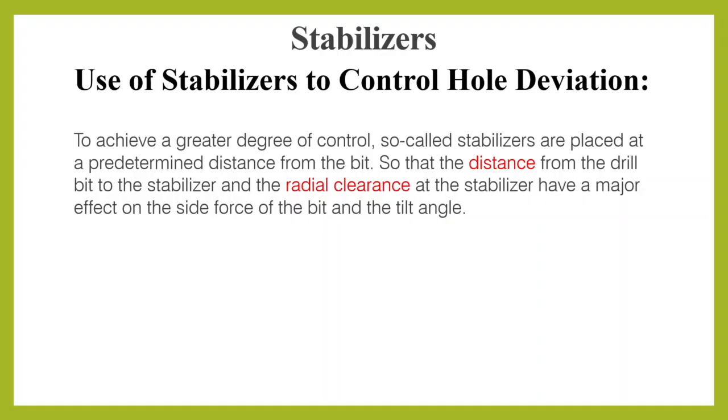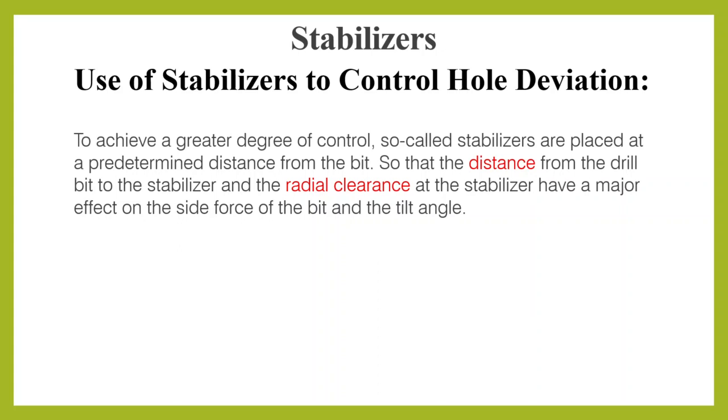And today we will talk about an introduction to the use of stabilizers to control hole deviation. Sometimes we need to build the angle with a small value, or drop angle, or hold the angle on this value.